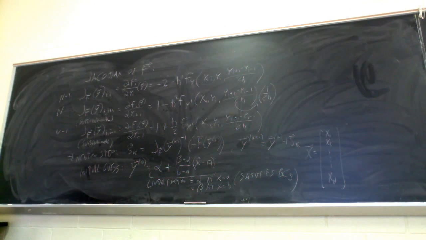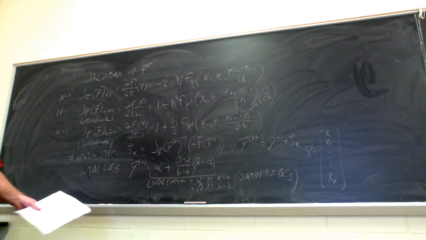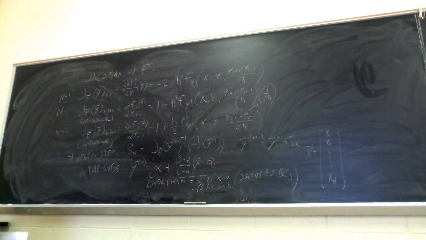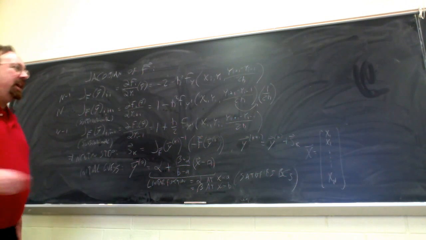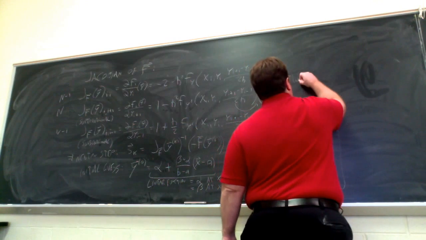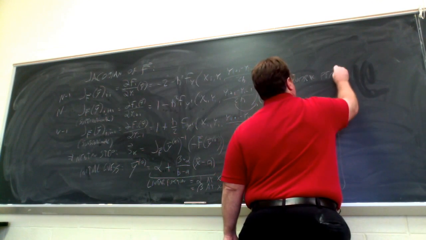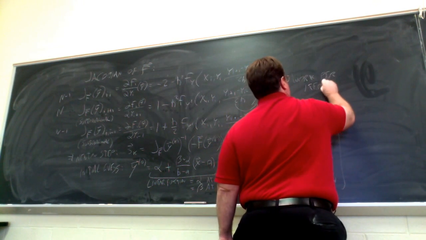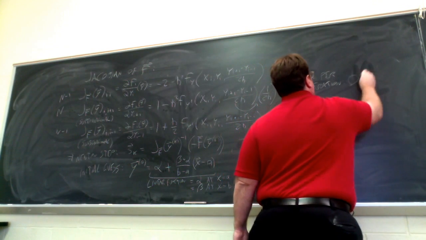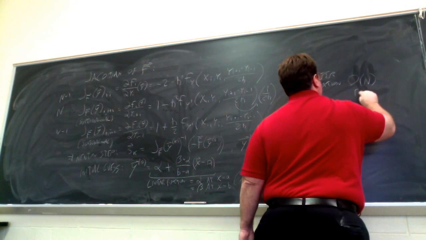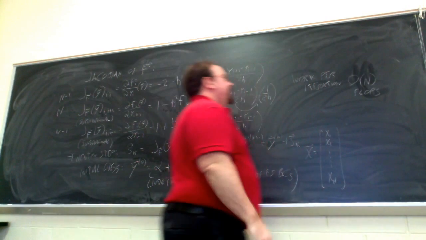Now, one thing to point out is, the reason why we developed Broyden's method was because Newton's method is so expensive. It's solving a system of equations every step, every iteration. However, that's not so bad here because the Jacobian is tridiagonal. So the work per iteration is order n floating point operations instead of a general n cubed.